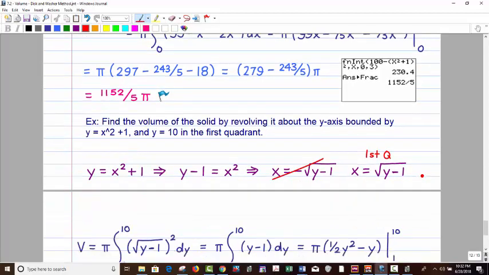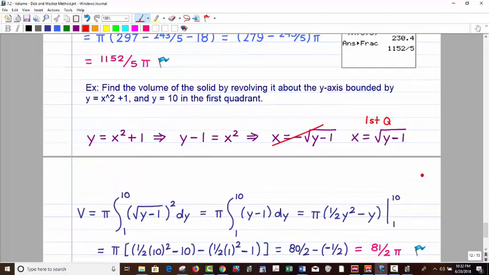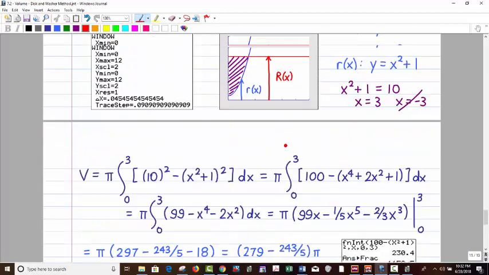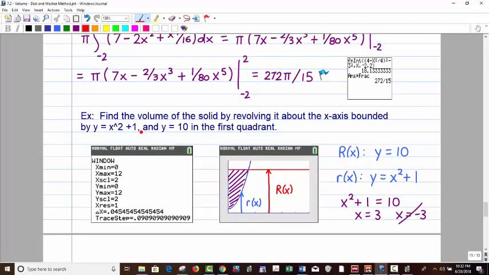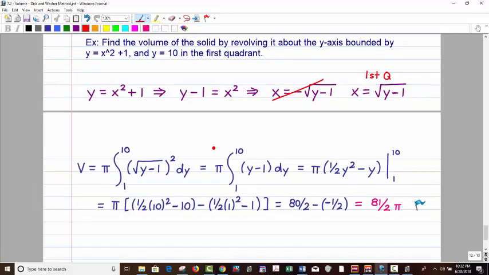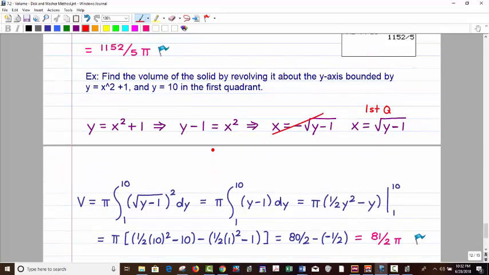Now here's the same function revolving around the y-axis. So as I've already mentioned, this is going to be a disk, solid, no gap. But we have to change this to x in terms of y, because the function has to be x in terms of y if you go around the y-axis.